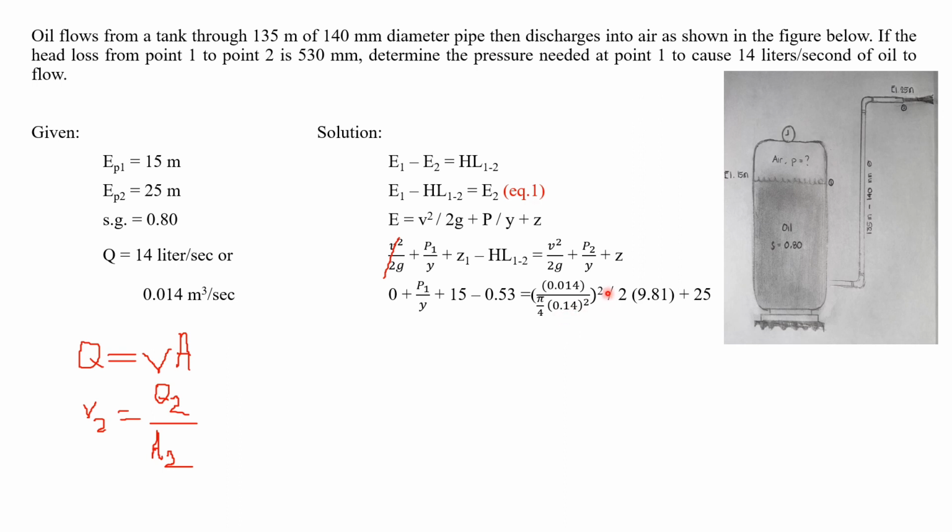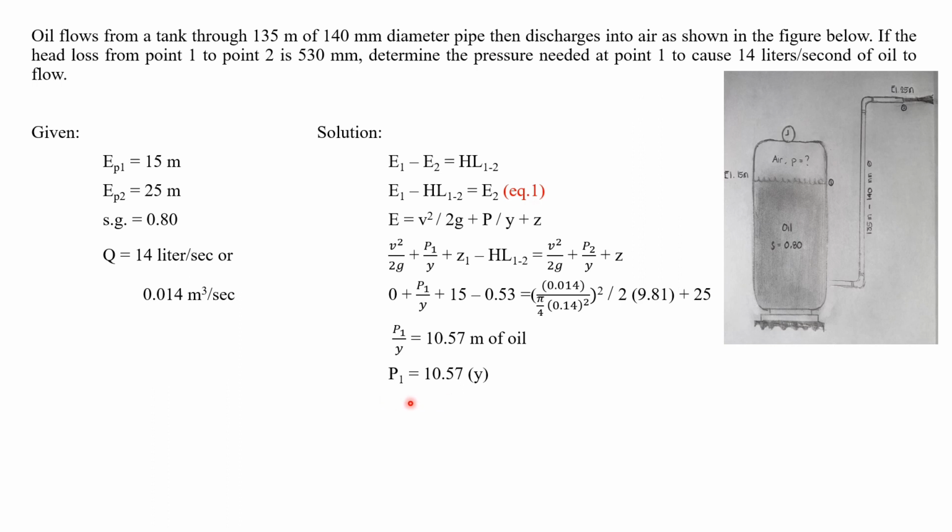This is squared since V sub 2 is squared, all over 2 times the gravity of 9.81, plus 25, our pressure 2, which would be 0. Or P1 over gamma is equal to 10.57 meters of oil.